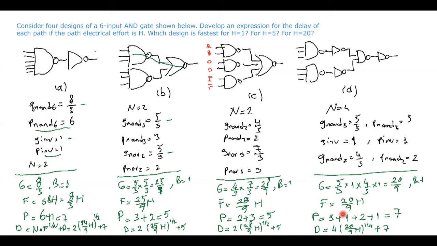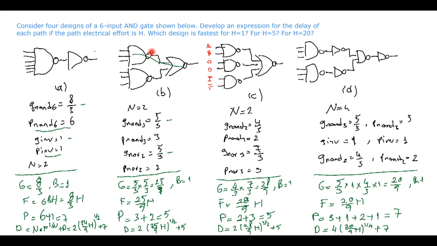That's something we can suspect from the expressions here. For h equal to 1, I would expect either A or B to be the better one. Looking at the expressions, this is 24/9, this is 25/9, but I will say that B will beat A, because A has 2 more units of parasitic delay than the implementation in B. So for h equal to 1, I'm expecting B to be the best.